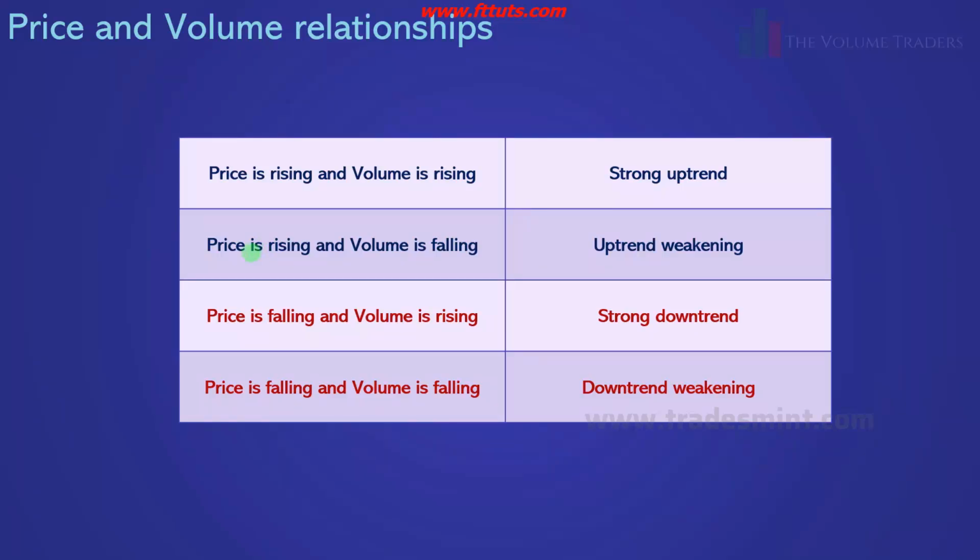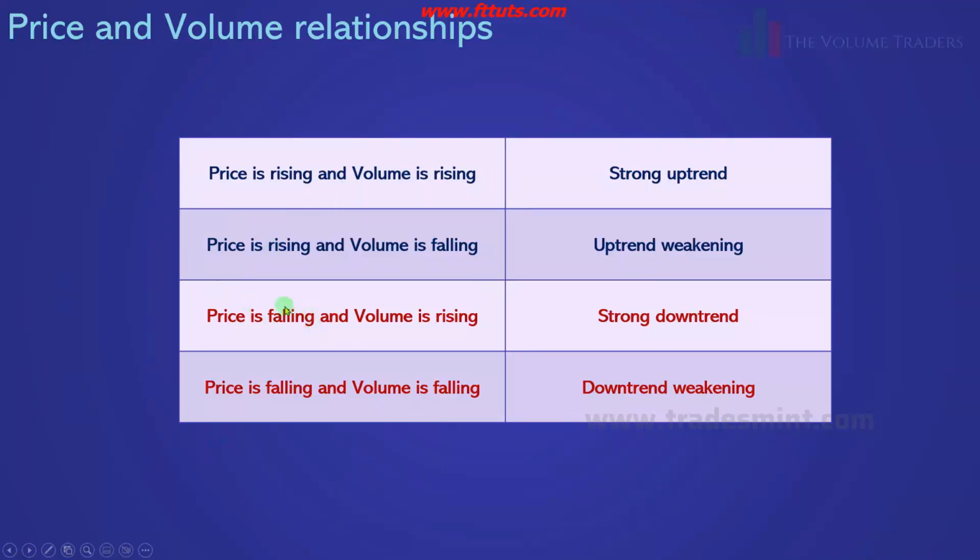this is for me a sign that this could be the distribution. Yes, because there's no more interest from buyers to go further up. So the volume is decreasing. It's lower and lower interest, and then I am just waiting for aggressive sellers.